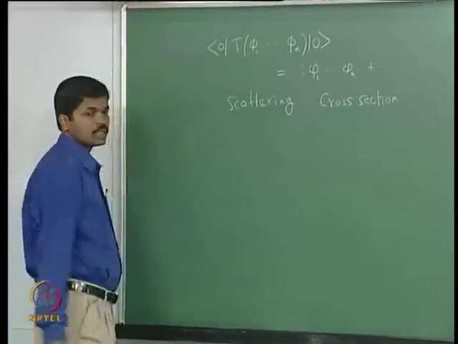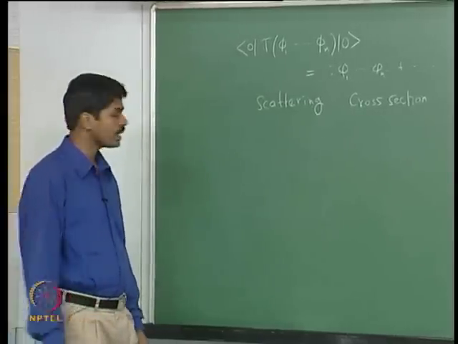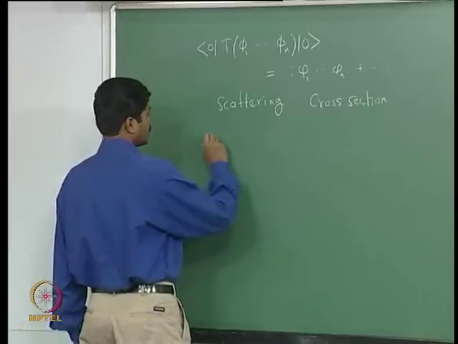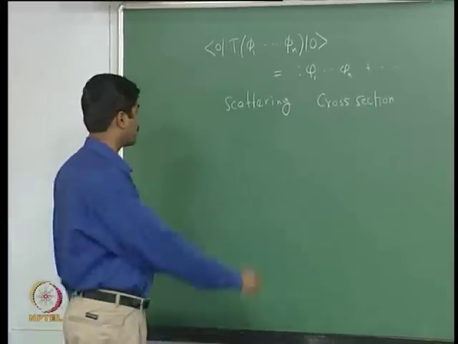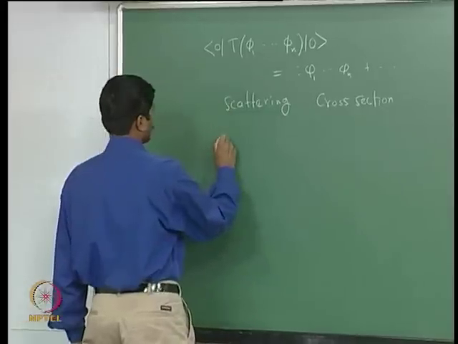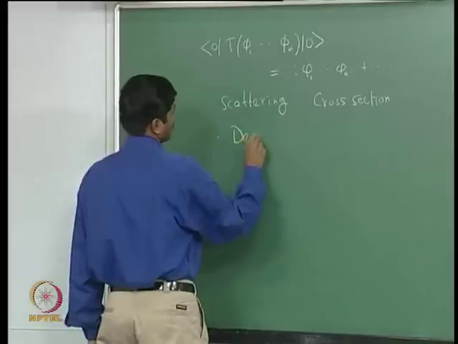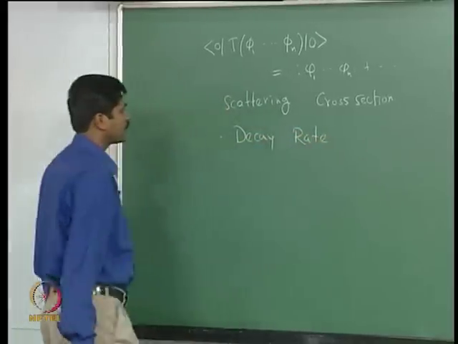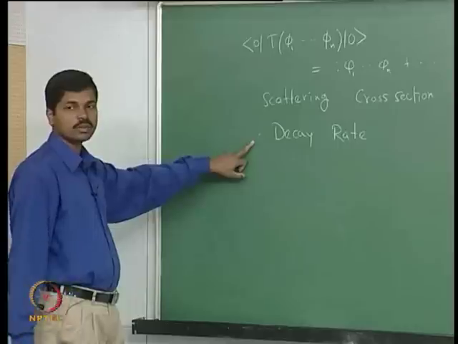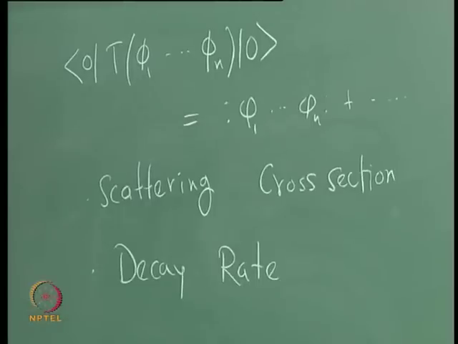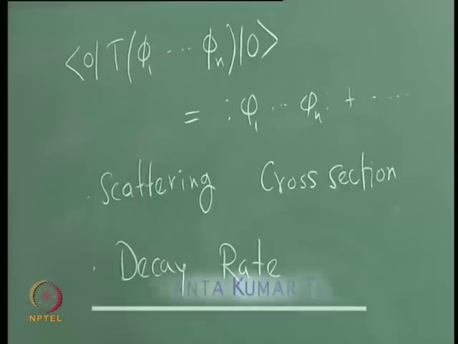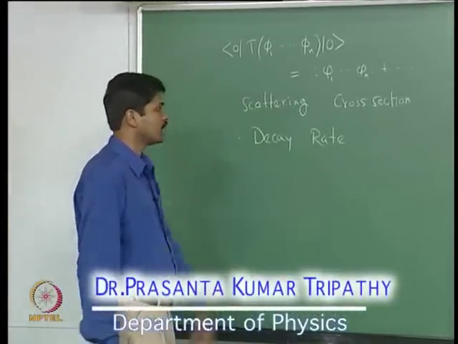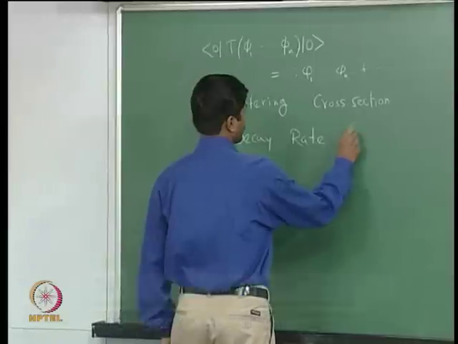If you have unstable particles, they can decay by themselves, and then you can determine the rate of the decay, decay width and so on. These are the two basic things that we will be working out. So, we will have a formula for the scattering cross section as well as a formula for the decay rate for unstable particles.